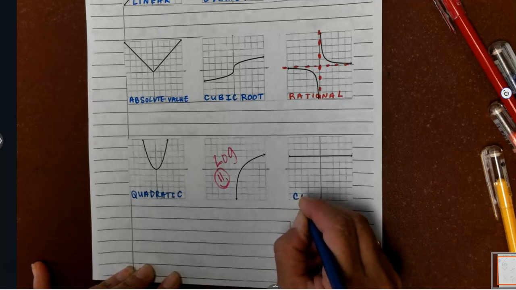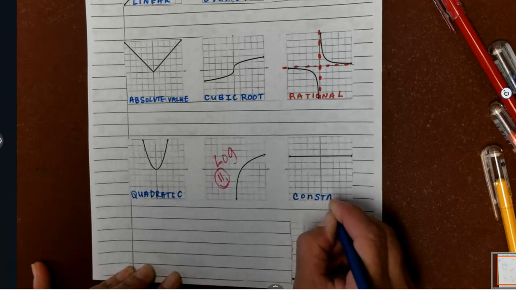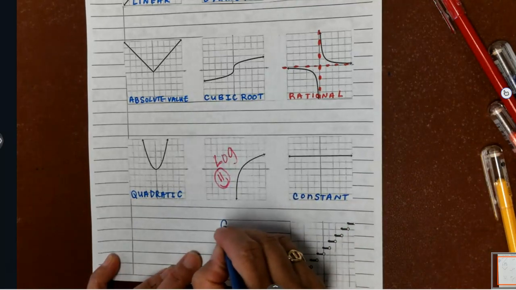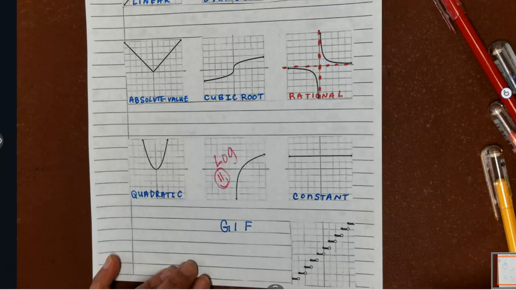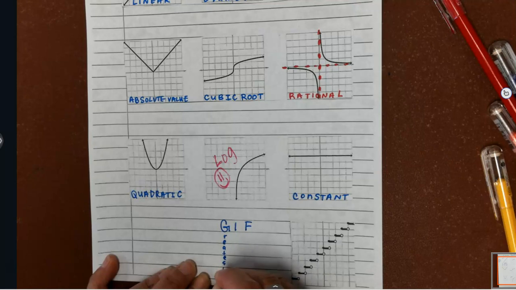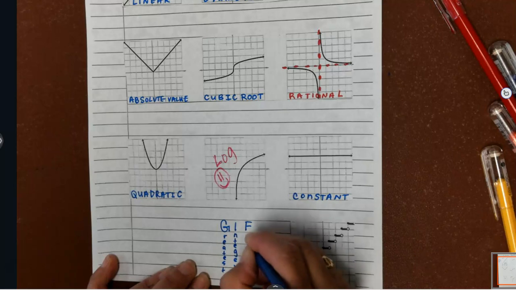This is a constant. And this is a GIF. And that really stands for greatest integer function. Greatest integer function.